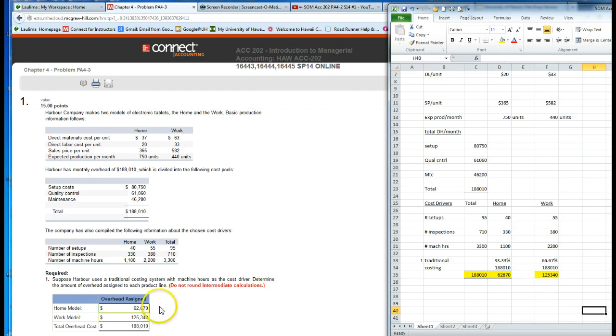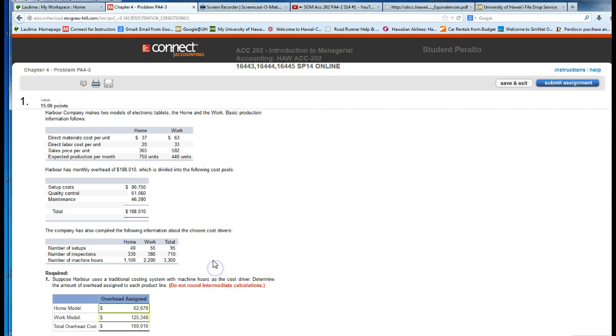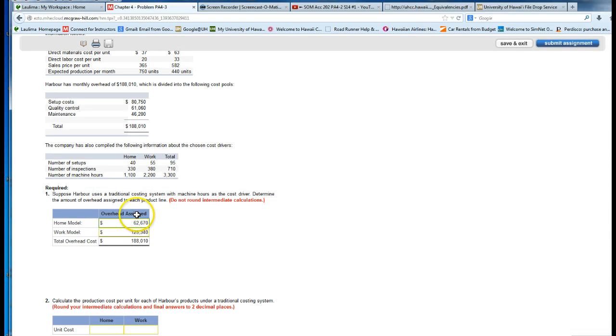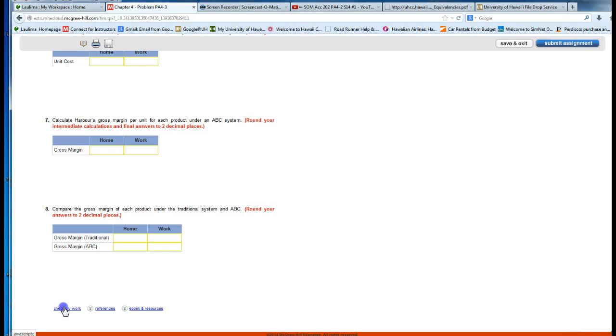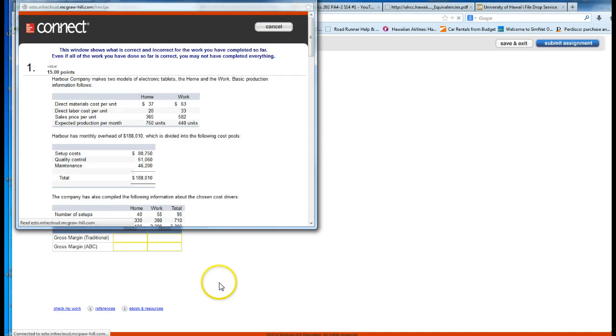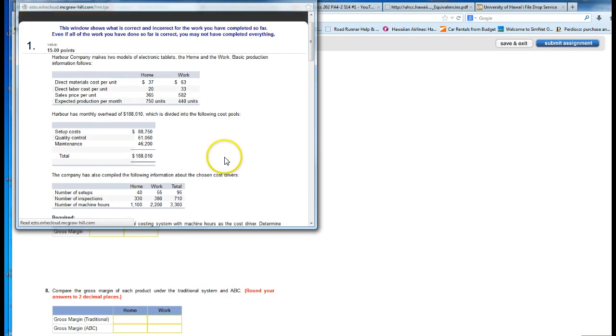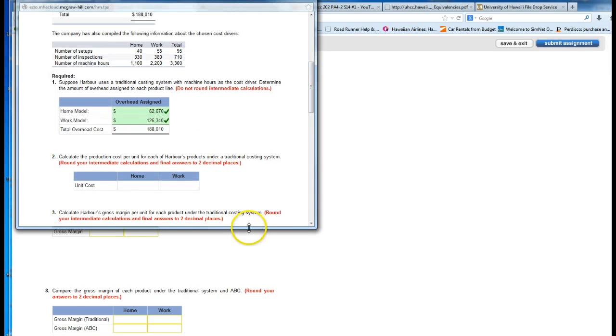Now what I've done over here is I've already inputted those amounts here as the answers for number one, and we can check our work and we can see that we're okay.